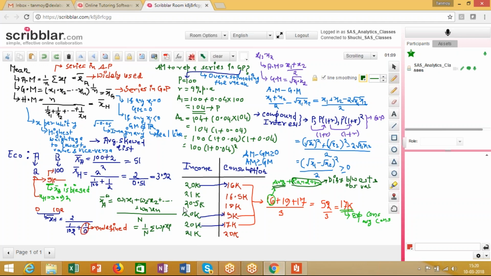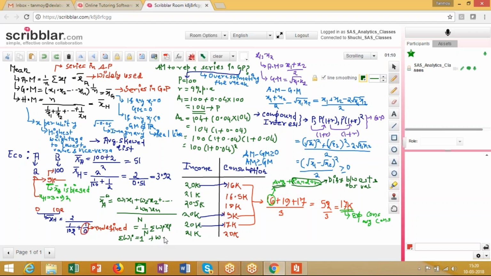So this is the basic of the weighted arithmetic mean, where the summation of the weights, summation Wi, is equal to 1. Right, so this is called the weighted arithmetic mean.